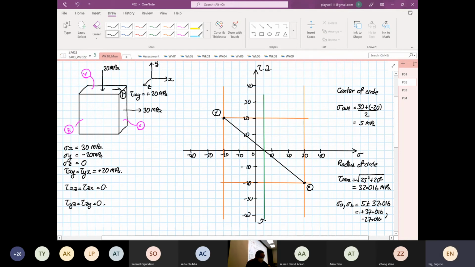So now we construct our Mohr circle. This is 27, and then we go up to 37, eyeballing again.